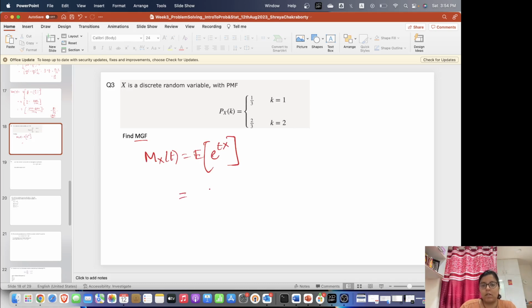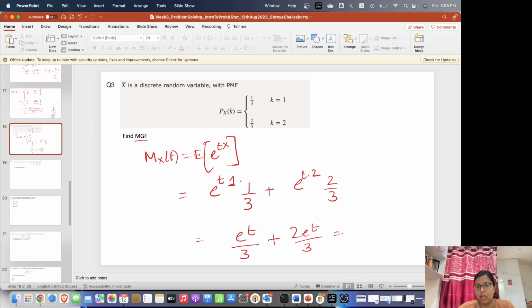So then that can be written as e to the power t into 1, with probability 1/3, plus e to the power t into 2, with probability 2/3.